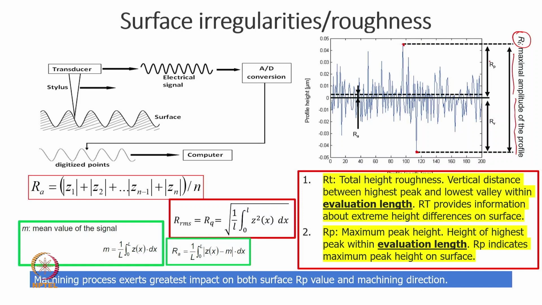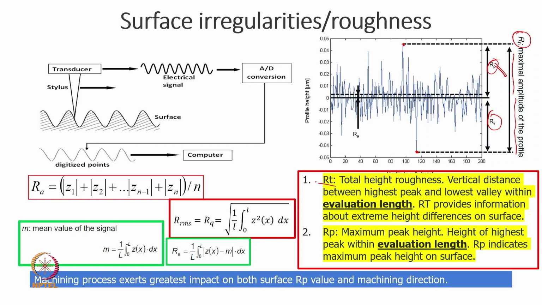Coming to Rp, it is the highest peak value of any surface, while Rv is the lowest one. People generally give more weightage to Rp, the reason being that there are peaks and these peaks need to be removed. However, the peak value Rp is only one, and Rz is something like 10 peaks where we take an average and get the results. So these are the important ones.